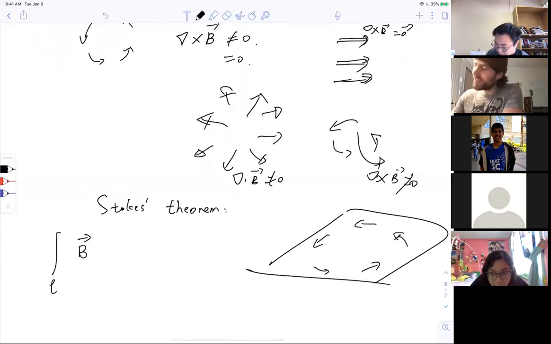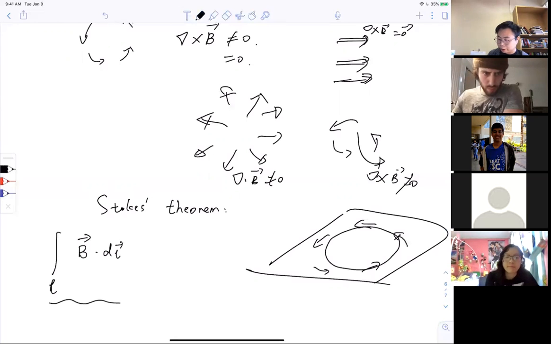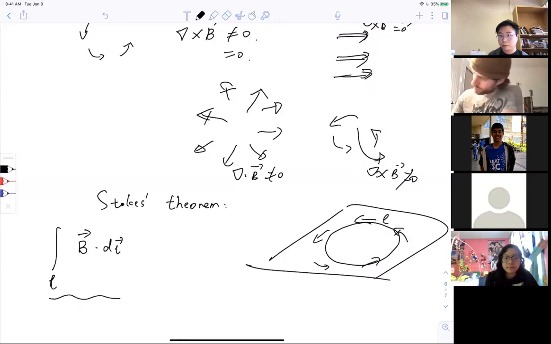It can be 3D, but let's imagine it's a two-dimensional vector B, and this integral is nothing but calculating the circulation around this loop, right?